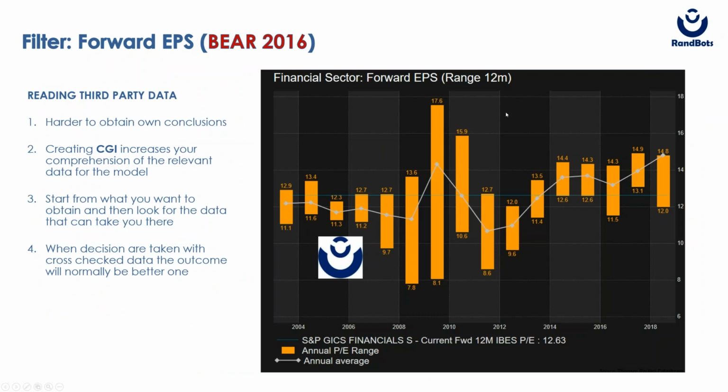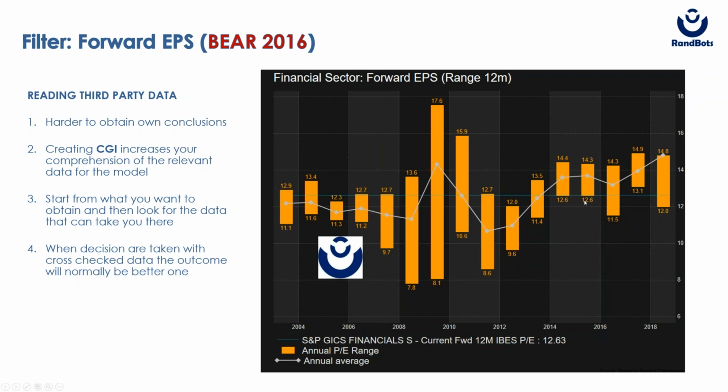Here is the example for the bears in the financial sector in 2016. The same thing as before, forward earnings per share with a 12-month range. This is the 16, this is the 15, and this is the 14.